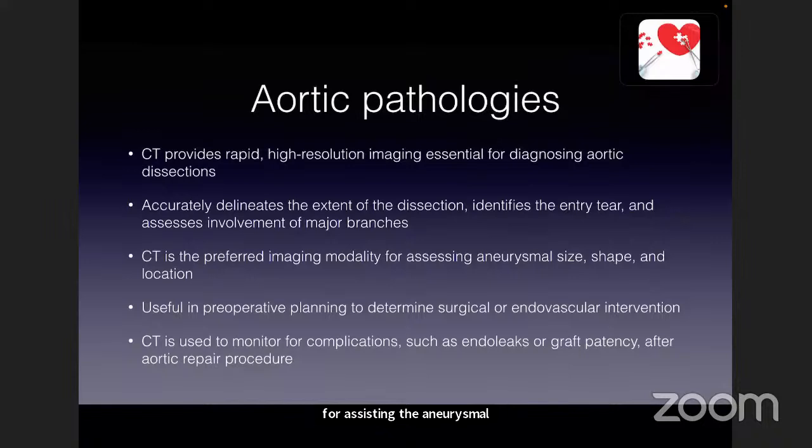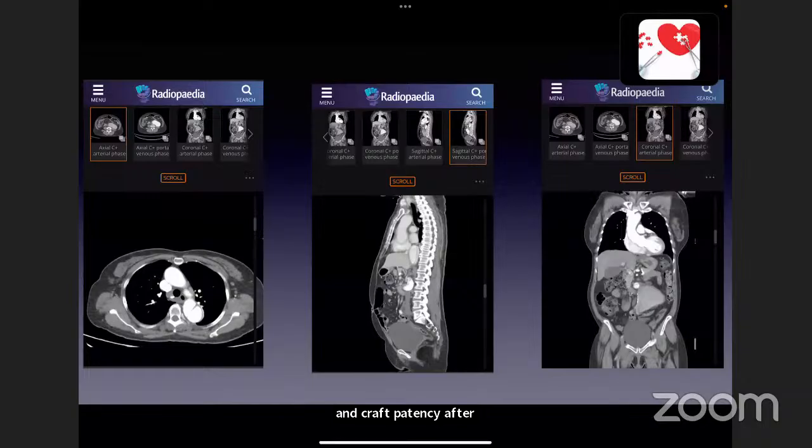It is useful in preoperative planning to determine surgical or endovascular intervention. CT is used to monitor for complications such as endoleak and graft patency after aortic repair procedures. Here we can see the axial, sagittal, and coronal pictures showing us the aorta.